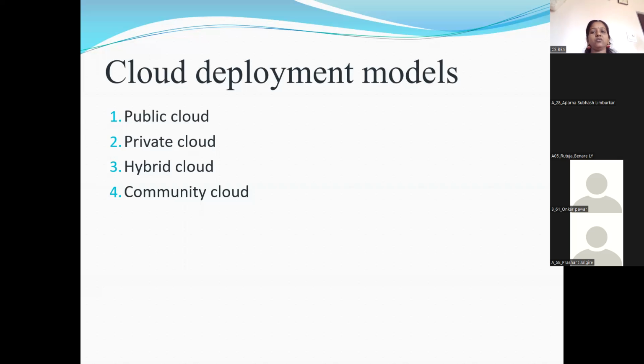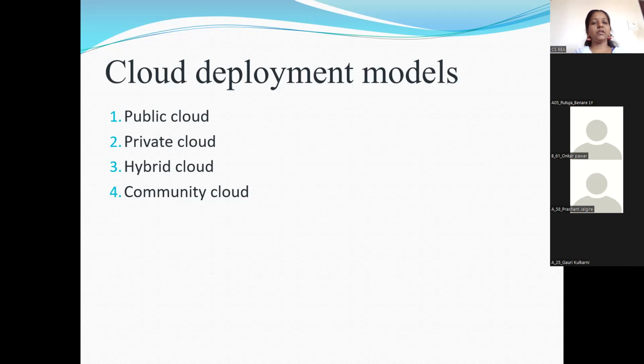This method allows you to pay only for what you use. Just now I told you, you can pay for only that which you are using, not for that which you are not using. Your cloud provider is in charge of all upkeep. It functions as a virtual computing environment with a deployment architecture that varies depending on the amount of data you want to store and who has access to that particular infrastructure.